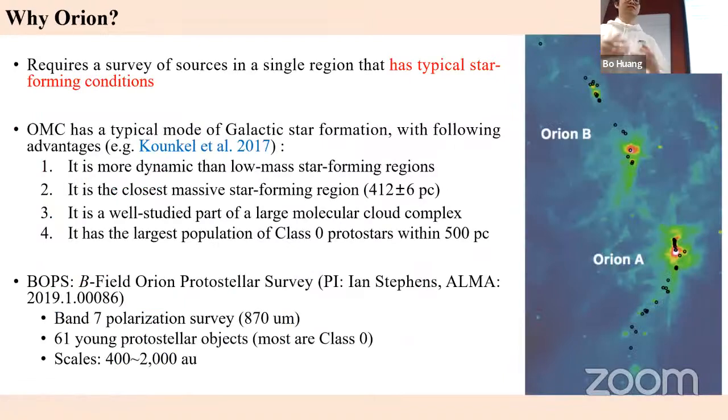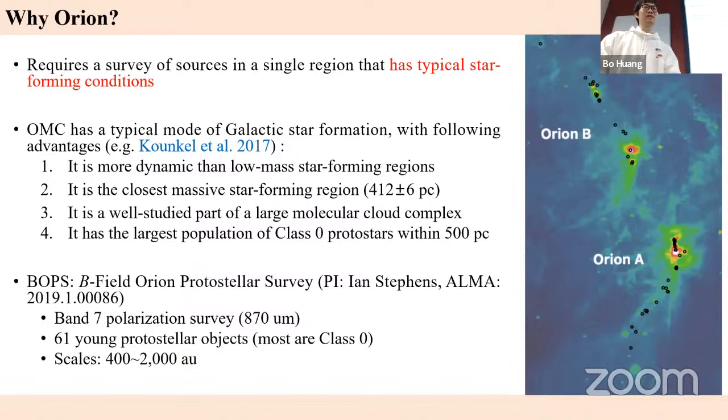Different evolutionary stages, different star-forming conditions, and different observational spatial resolution can greatly affect the results for the magnetic field. So studying the role of the magnetic field at small scale requires a survey of sources in a single region that has typical star-forming conditions.